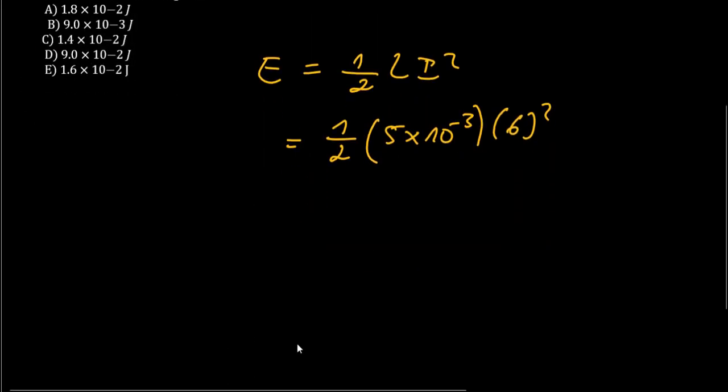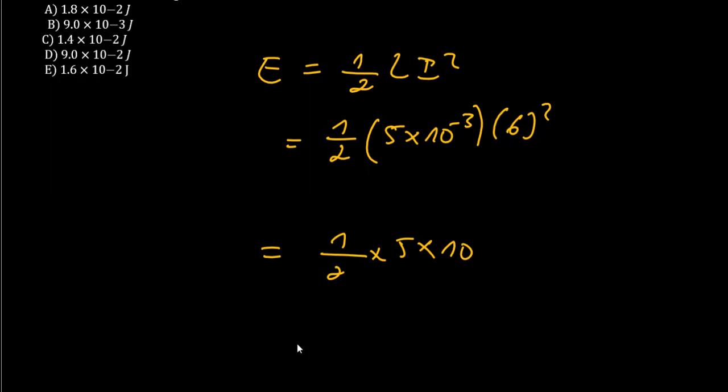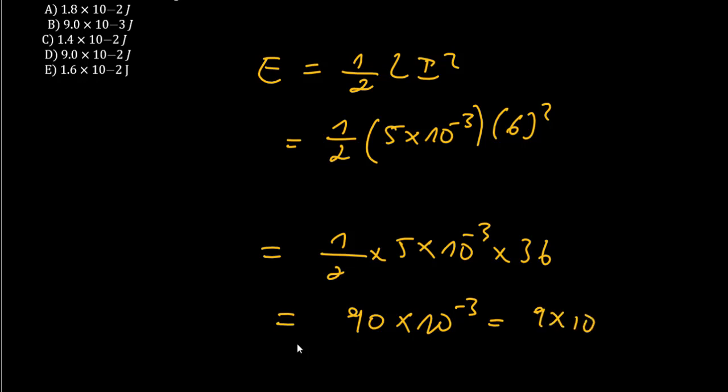So we get a half times 5 times 10 to the negative 3 times 36. So 36 divided by 2 is 18, and 18 times 5 is 90. So that gives me 90 times 10 to the negative 3, which is 9 times 10 to the negative 2 joules. The correct option is D.